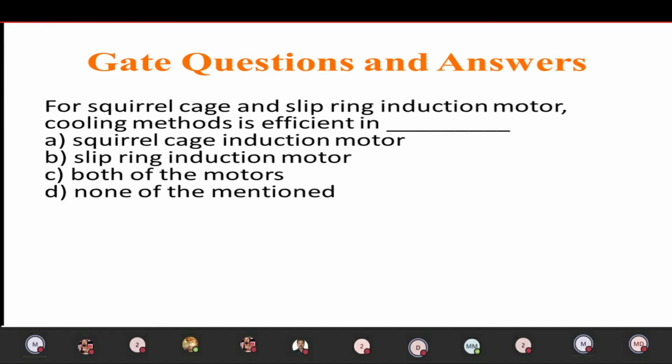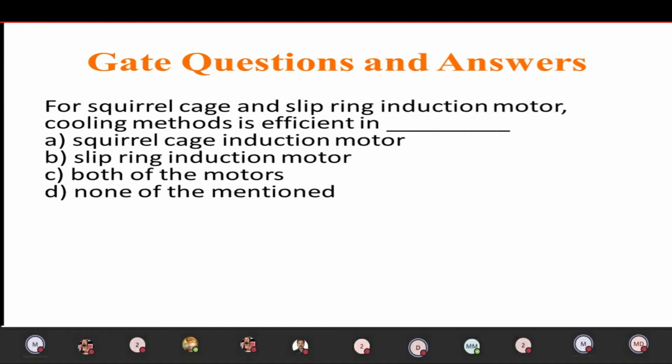But in the non-salient pole alternator, the diameter is low and the axial length is very long. Due to that, the non-salient pole alternator has some difficulty cooling down. For example, the heat generated in the middle part of the core is not easily removed by the circulating air.